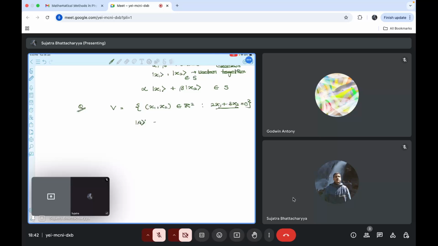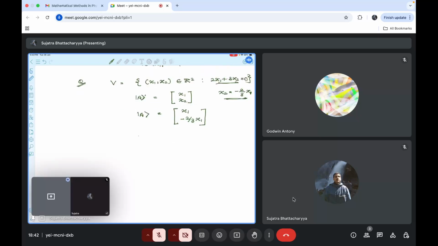Let's see this A, which consists of x1 and x2. And based on this relation, you can say that x2 is nothing but minus 2 by 3 x1, right? Yes, x2 is minus 2 by 3 x1. So I can rewrite A as this: x1 and minus 2 by 3 x1.